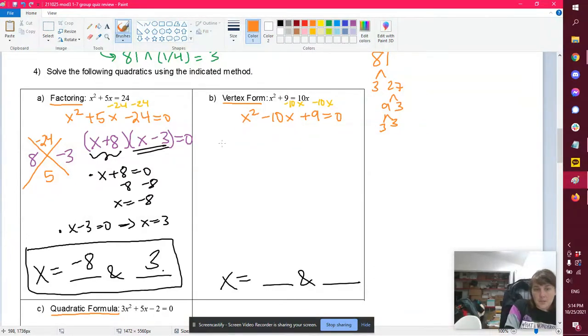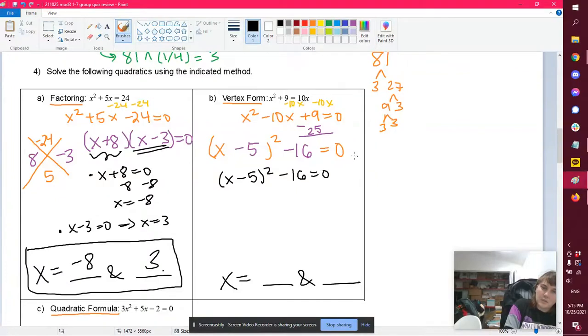Our next step is write the skeleton of vertex form. Start filling in numbers. We do b divided by 2 divided by a, but there is no a. I do negative 5 times negative 5. And then I subtract 9 minus 25 is negative 16. I'm going to write this all in one color because sometimes it's easier to look at. Right? This is our vertex form.